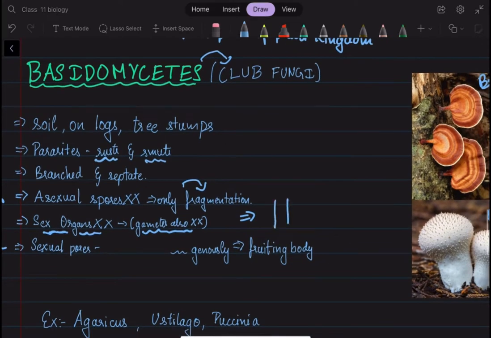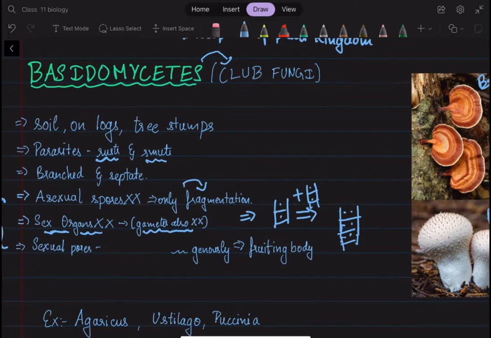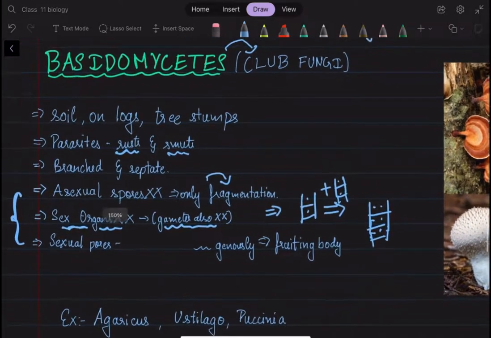So we have the mycelium present. Instead of the gametes fusing, the two mycelia directly fuse together. So they directly form this dikaryotic phase without the involvement of sex organs.